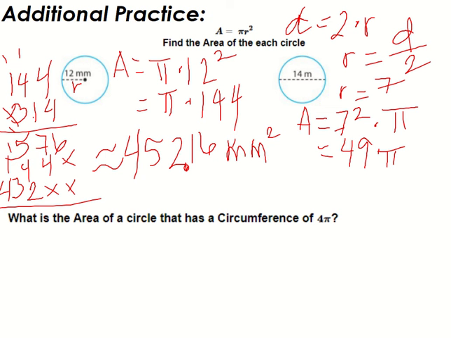And then once you multiplied by 3.14, you should have gotten approximately 153.86. And then remember, meters squared.